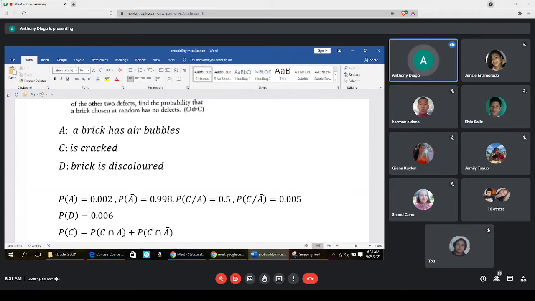Now, from what we got, how can we find C intersecting A? Reducing the formula, sir. Okay, which formula are we going to be using?